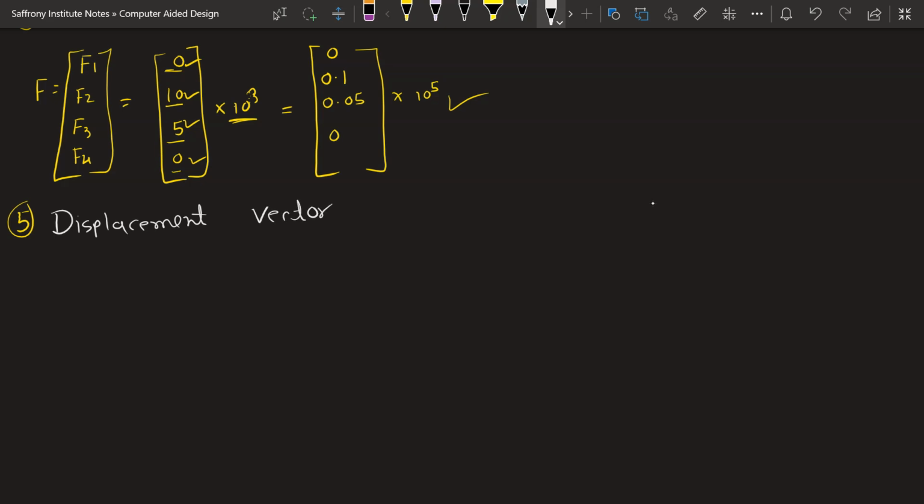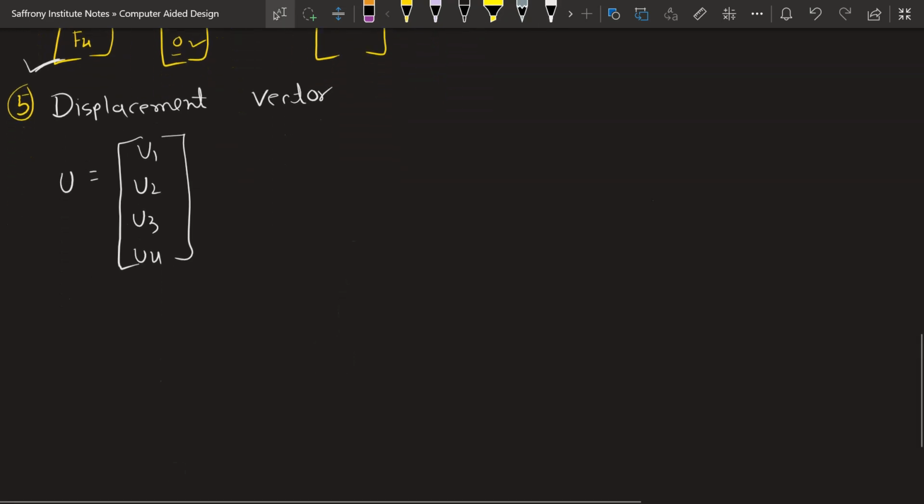Now the displacement vector looks similar to F. If I write it down here, you will understand: U1, U2, U3, U4. It is very simple. So this is the displacement vector. Now the sixth step: find the stiffness equation.